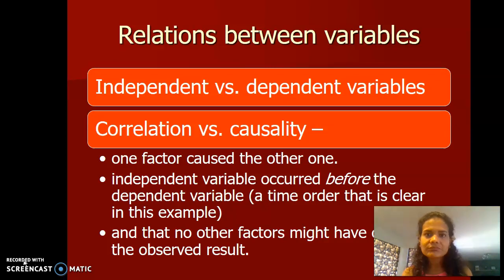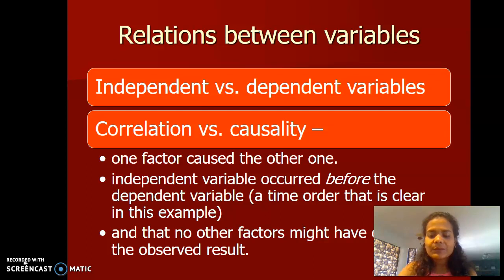Either seems equally likely. It's something that needs to be researched empirically. The third condition would be that there are no other factors that could have caused the observed result. Sometimes we also call this the lack of a third variable or lack of a spurious relationship, right?